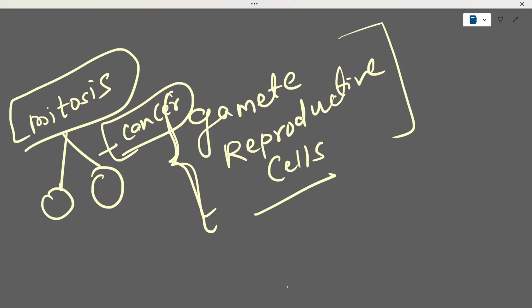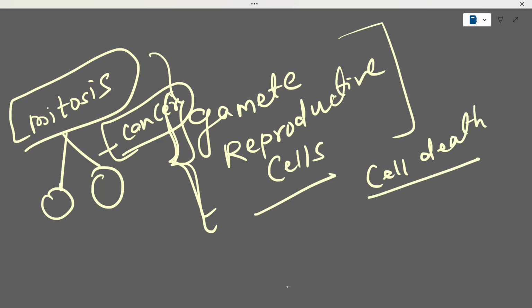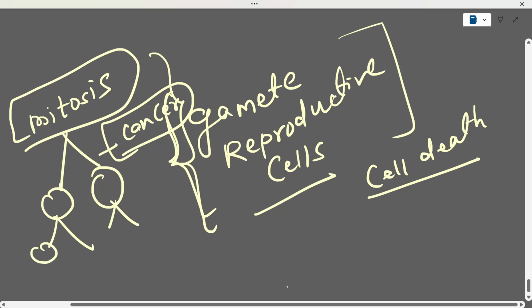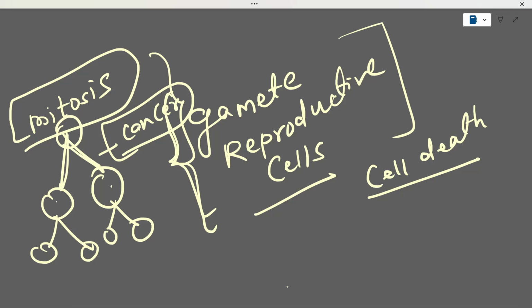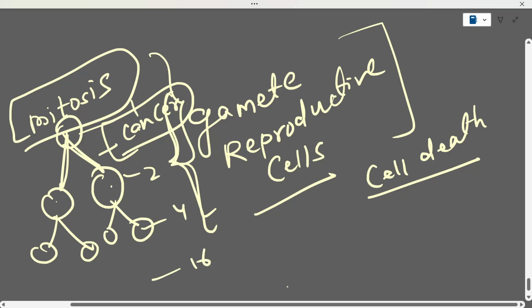And then the other mechanism is also there, which is known as cell death. As cell division goes on in exponential numbers, one cell gives two daughter cells, two give four, and this number keeps increasing exponentially.